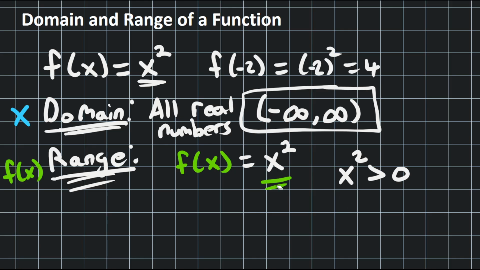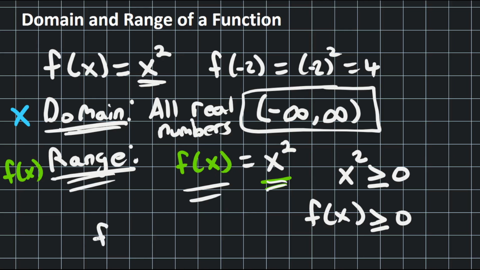And what did we say x squared was? We said x squared was f of x. So that means f of x is greater than 0, or rather greater than or equal to 0. It can equal 0, because we know that f of 0 equals 0 squared, which equals 0.